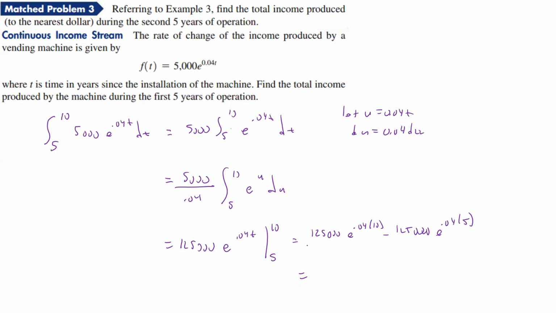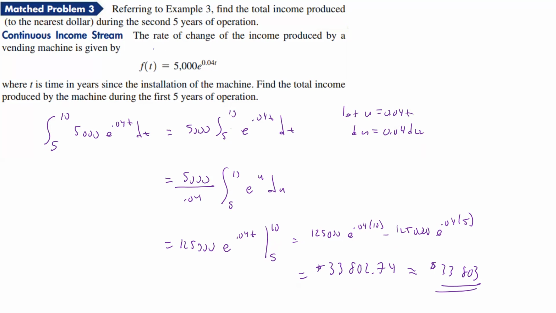It looks like we're going to get 33,802.74. We're supposed to go to the nearest dollar, so that's going to be $33,803.